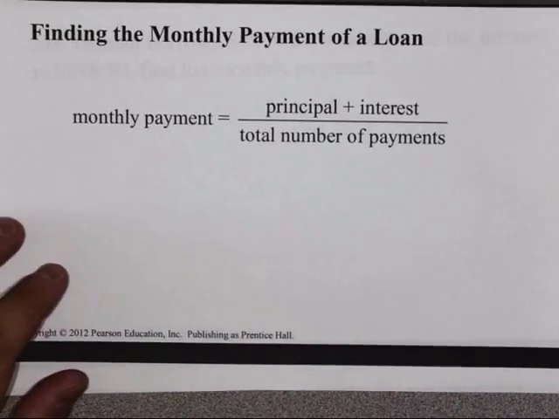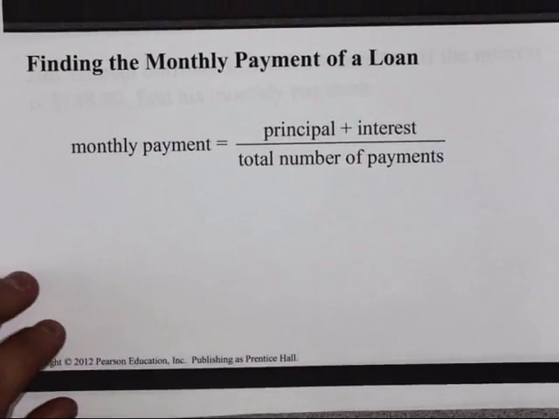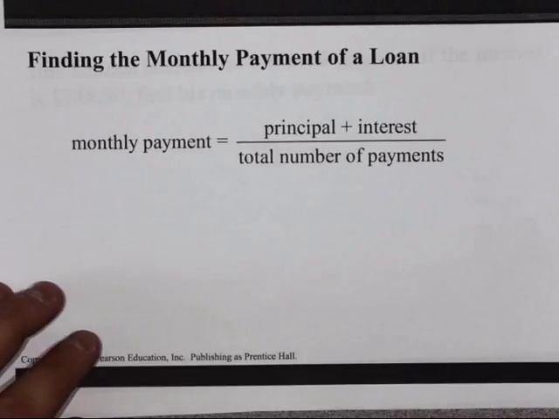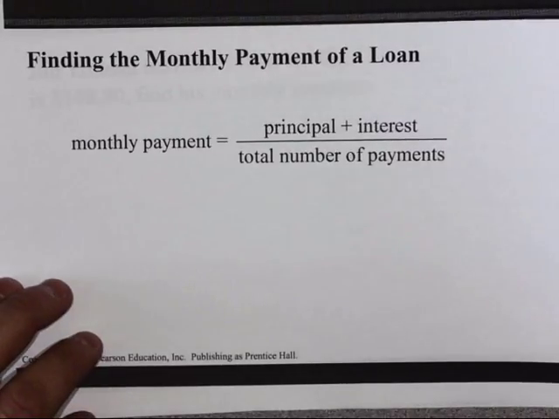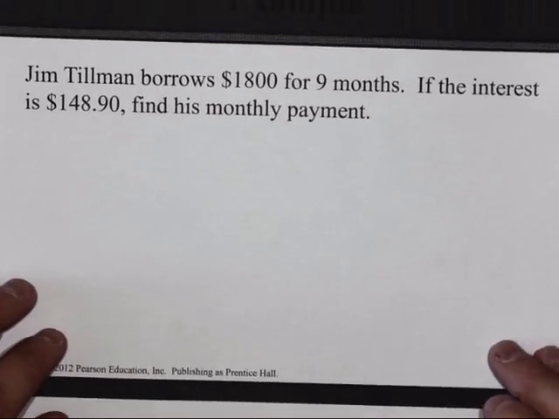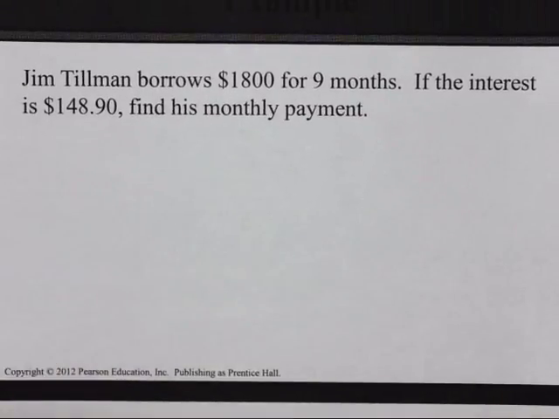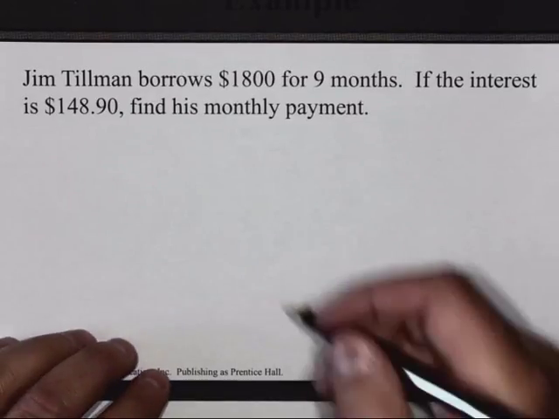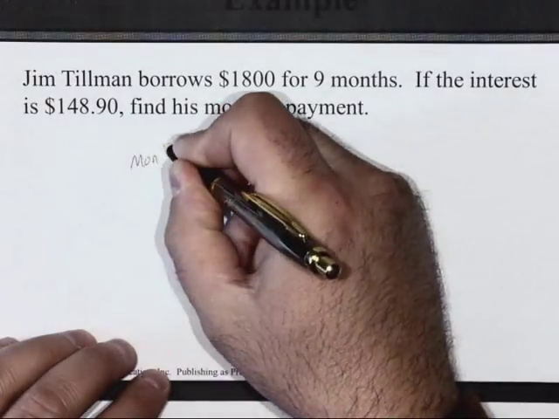All right, monthly payment. This is a really, really watered down version of how to find a monthly payment, but you take the principal and the interest and you divide it by the number of total payments. So if this guy borrowed $1,800 for 9 months, and the interest is $148.90, find the monthly payment.